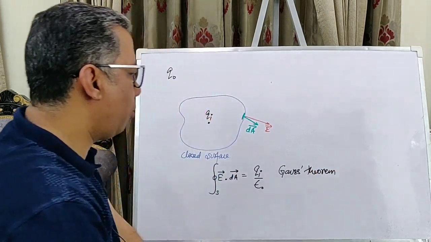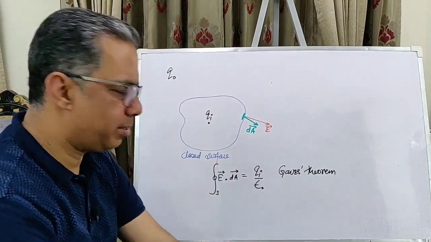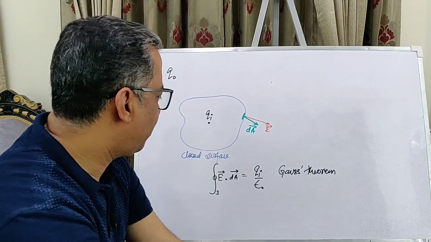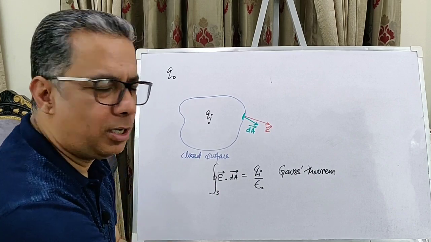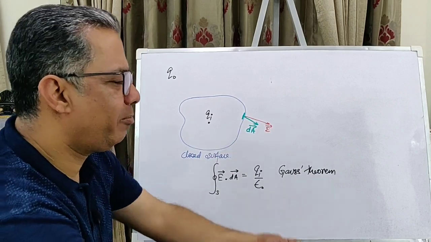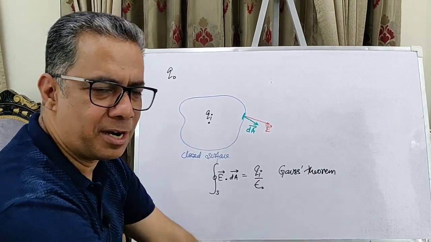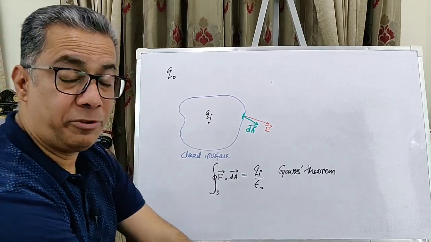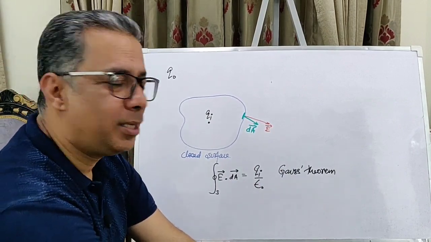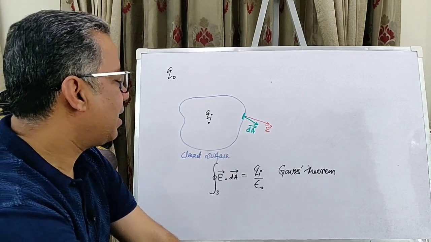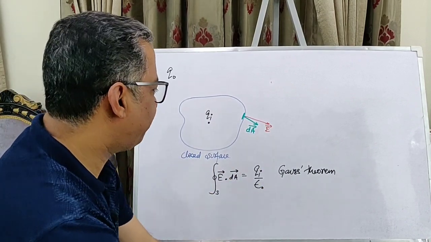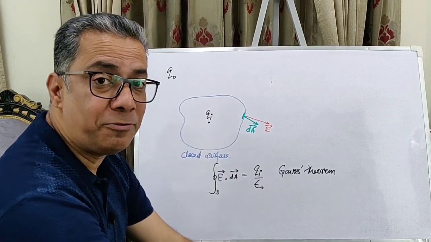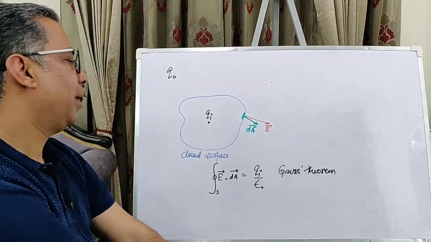Now, Gauss was actually a mathematician and lived before the time when electric fields were understood, or even Coulomb's law had come up. So Gauss actually had given this kind of a calculation for gravitational fields and not for electric fields.